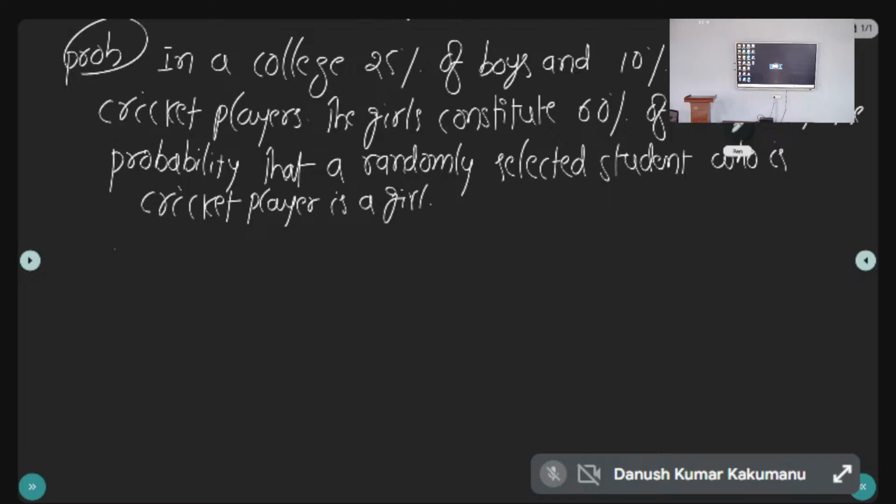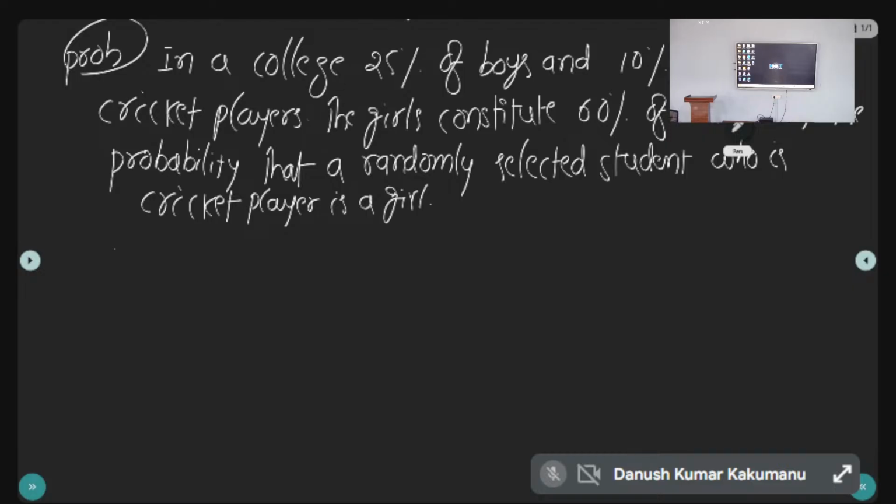Among the total number of boys, those who are playing cricket is 25%, not the boys' number. Even the 10% is not the girls' number, not the percentage of girls in a college. The 10% is nothing but the cricket playing girls percentage in a college. Is it? Yes. That is the cricket playing boys and girls percentage.